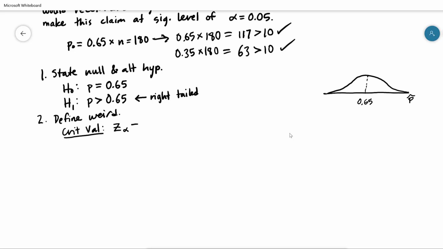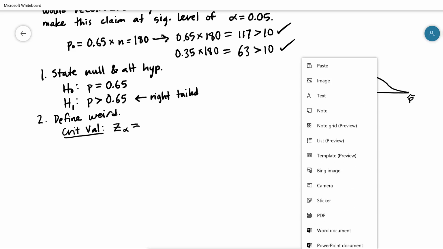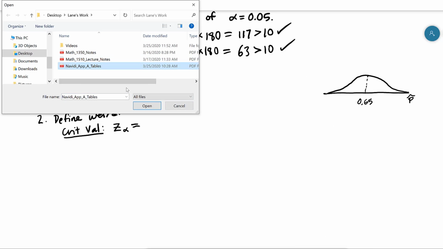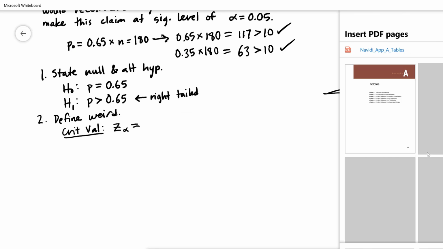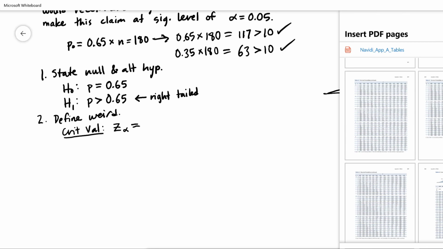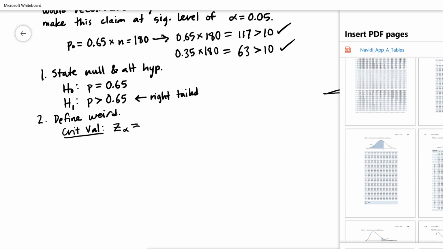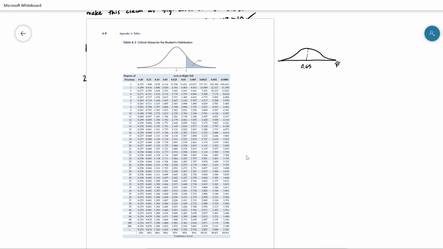And the value that I'm going to get, again, I can get by looking in table A3, so let me bring that up real quickly. Let's insert that. Okay, I'm going to look at it and then we'll delete this table so we don't get anything weird going on. So here's the row Z that we're interested in.